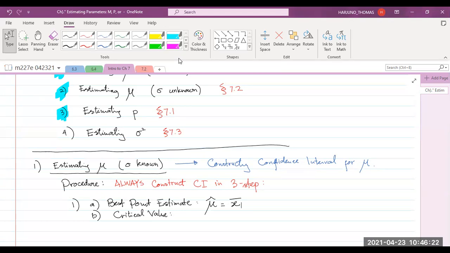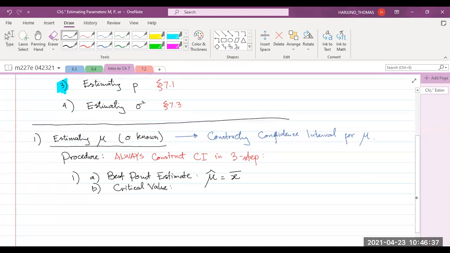That's where I provide a lot more details, but here I give you the template and I will do examples. The template is step 1 consists of 2 parts, the best point estimate. Second, because sigma is known, we will use Z critical. That's the critical value.